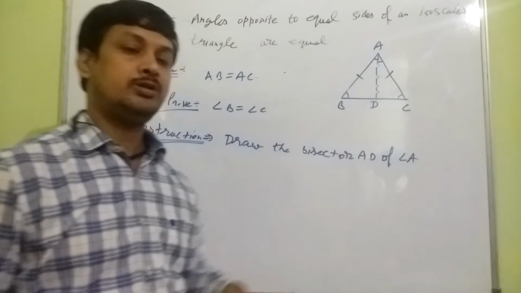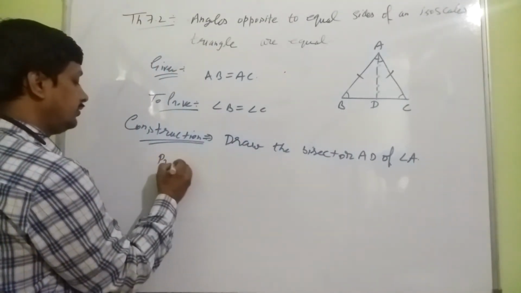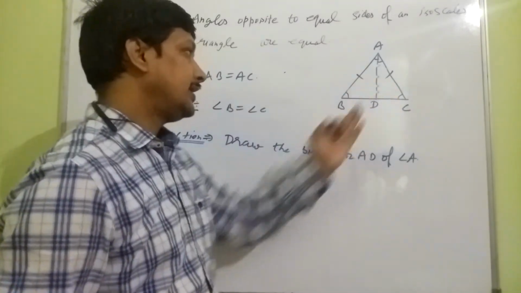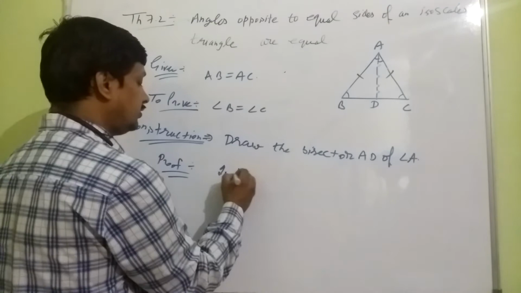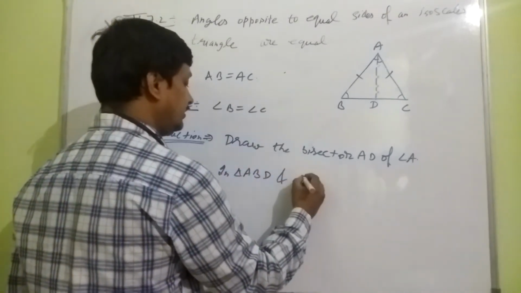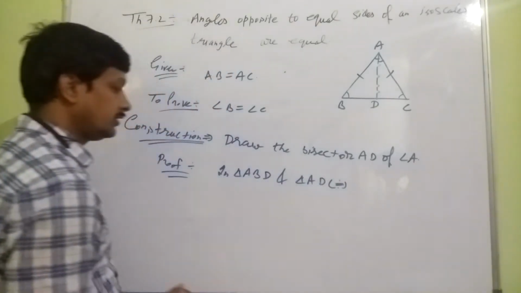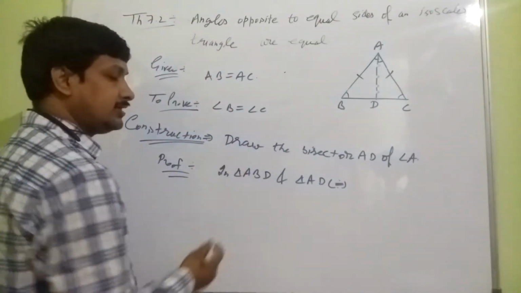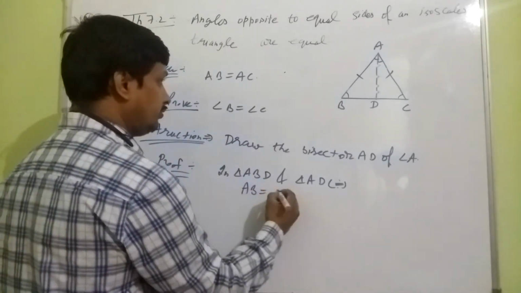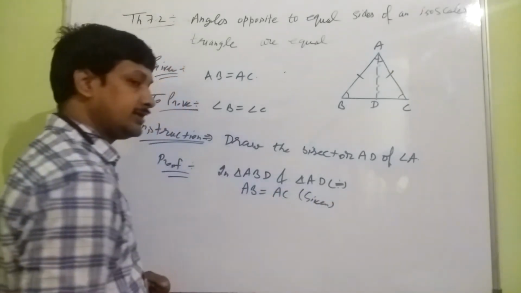Why are we doing this construction? To do the proof. We can easily prove these triangles to be congruent. First of all, take triangle ABD and the other triangle ADC. In these triangles, AB equals AC, it is given, because the sides of an isosceles triangle are equal.